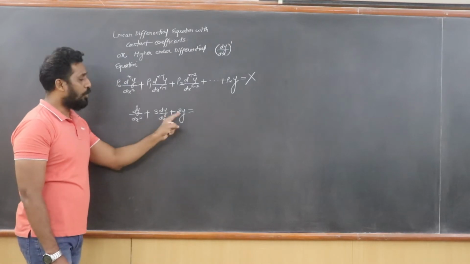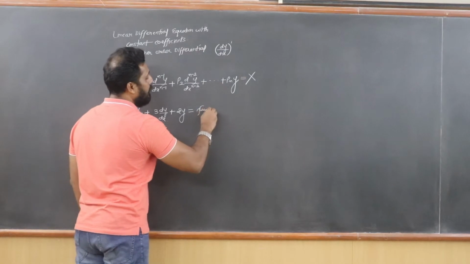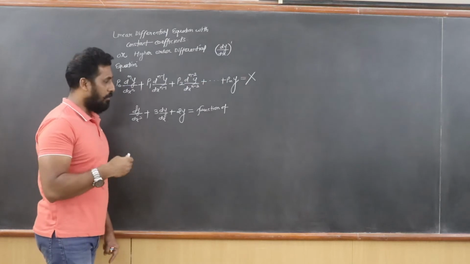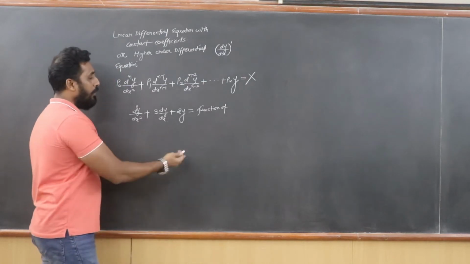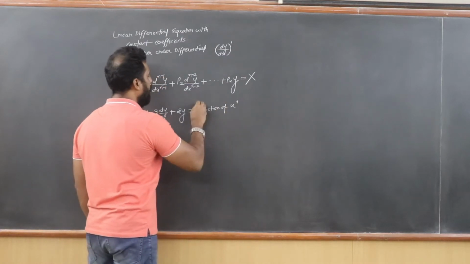Plus 2y equal to some function of x, anything. What this function of x is, we will see a little later. But there will be some function of x on the right hand side.